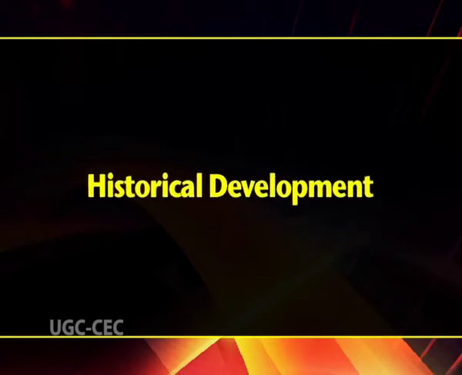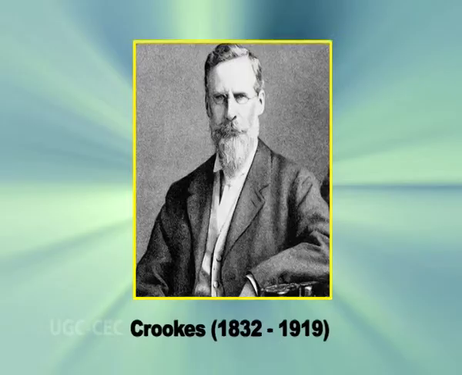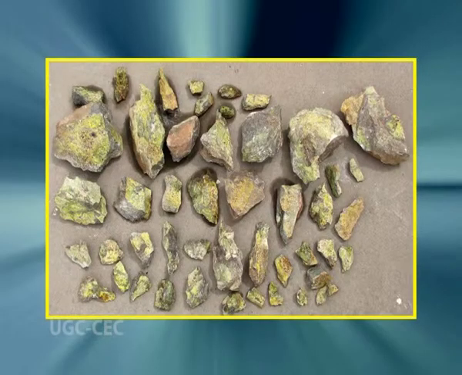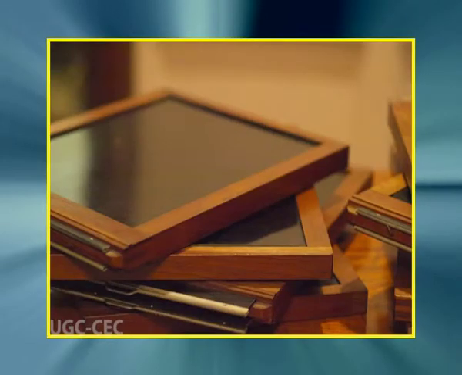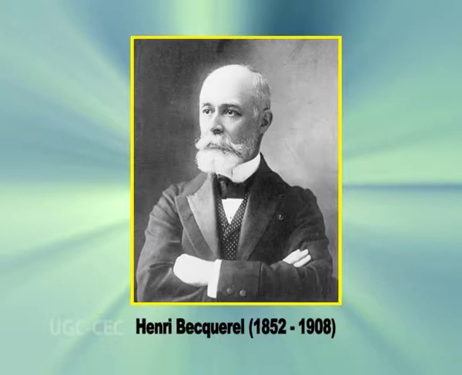Now coming to historical development. The first autoradiograph was made in 1859 by Crookes, who placed uranium rocks on photographic plates. Crookes could not understand the process by which the images were created until 37 years later when he visited the laboratory of Henri Becquerel.